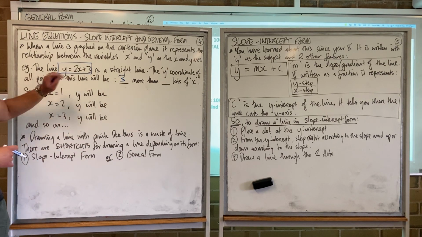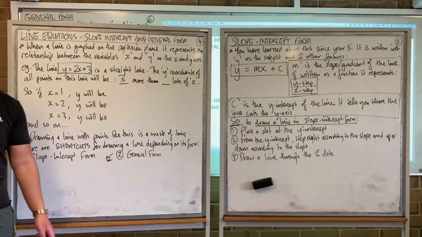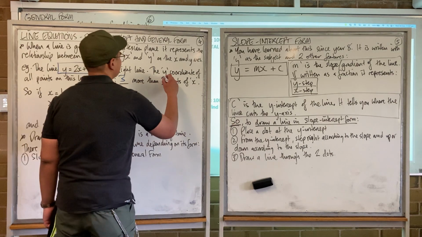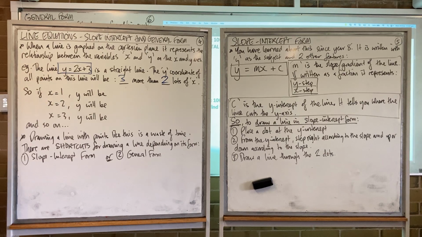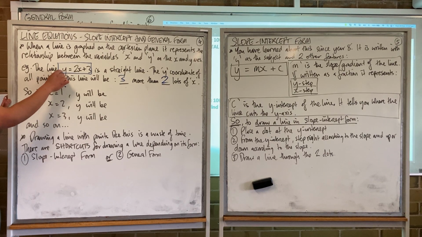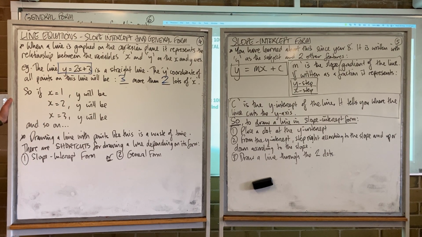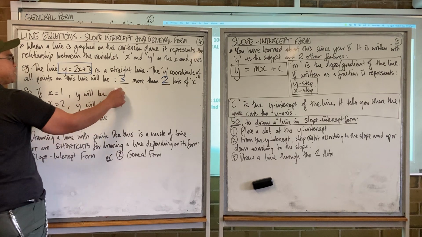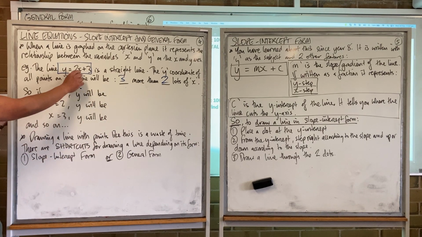And if I'm multiplying something by 2, how many lots of it do I have? 2. So what is this equation telling you? All of the y coordinates on this line are going to be 3 more than 2 lots of whatever x is.